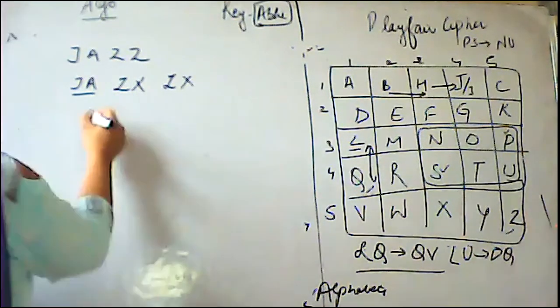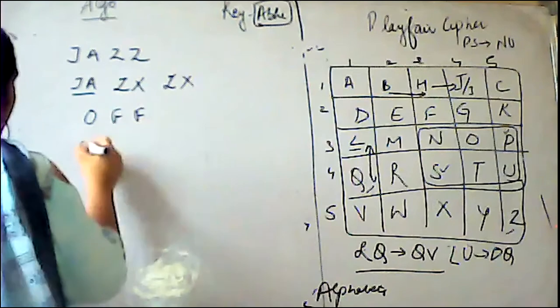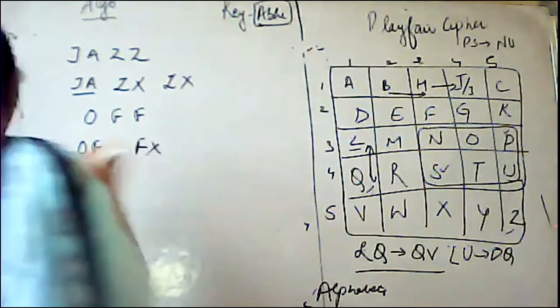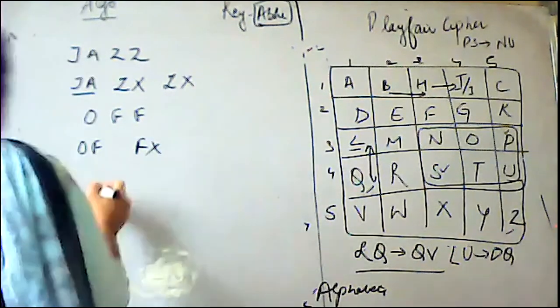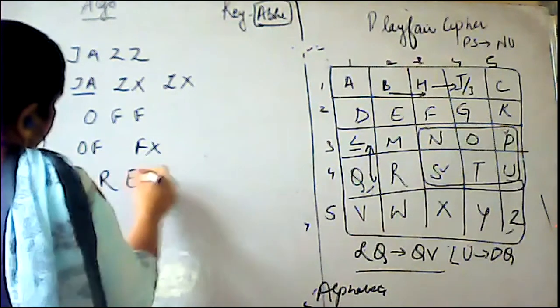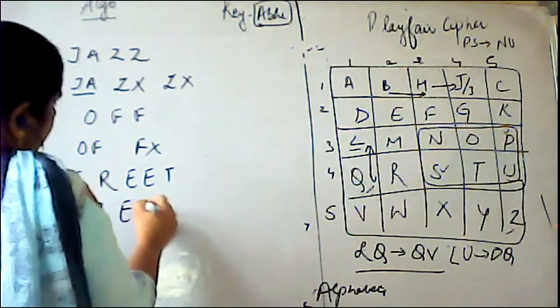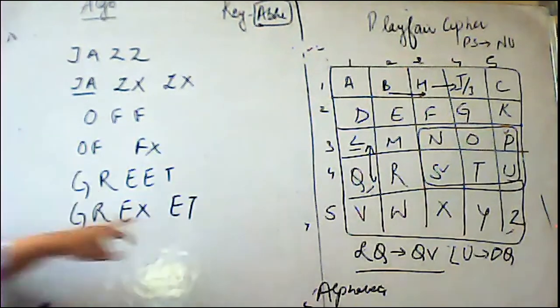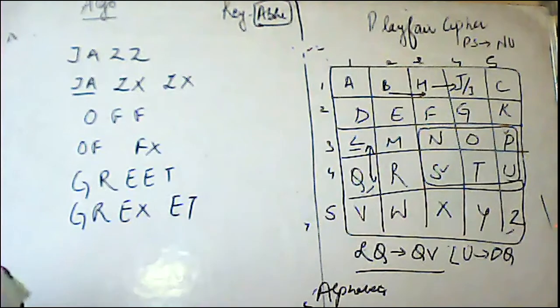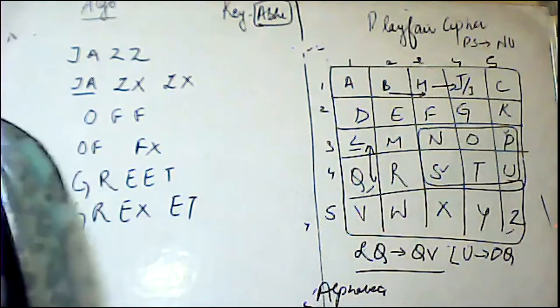Now, supposing you want to break this up, and X will be appended here. Then if I write greet, GREXET, because we have to bifurcate it from the very first occurrence. Okay.